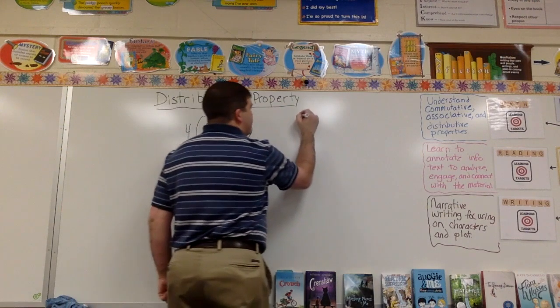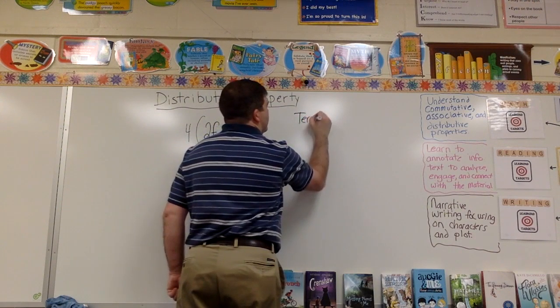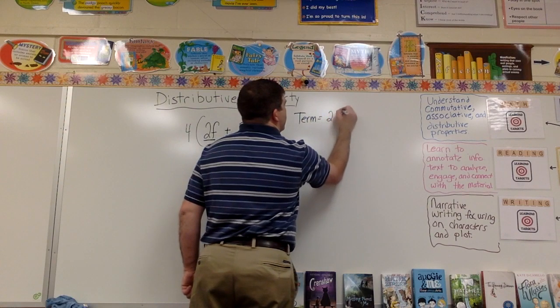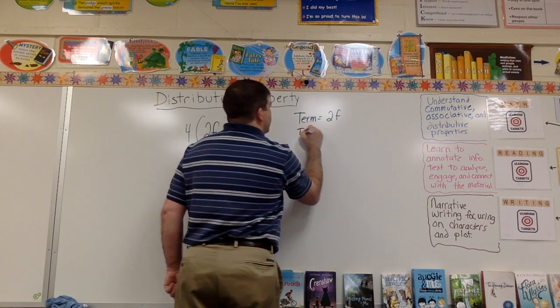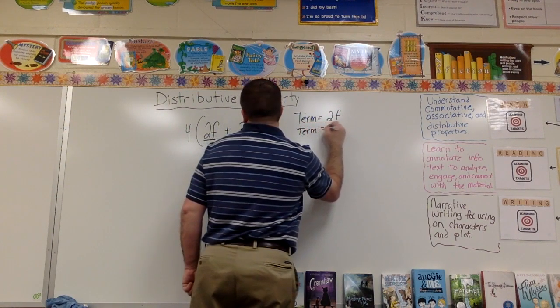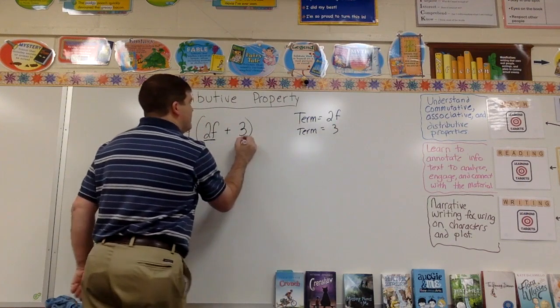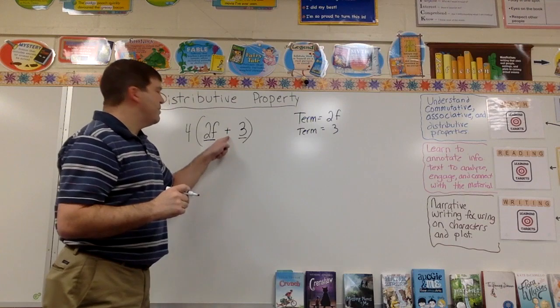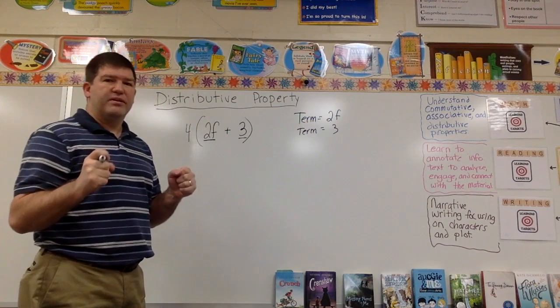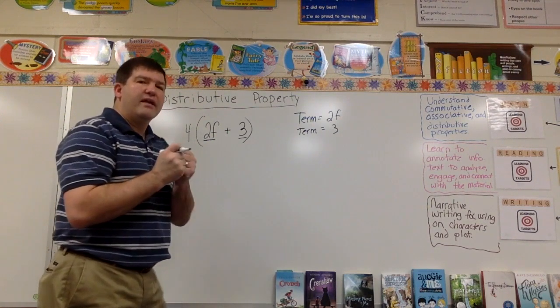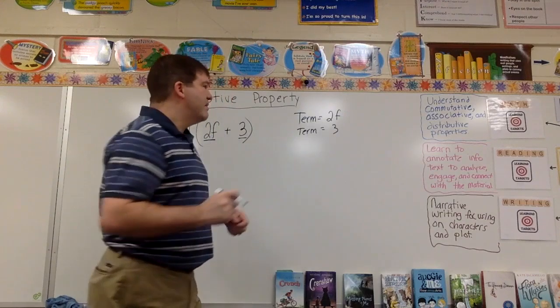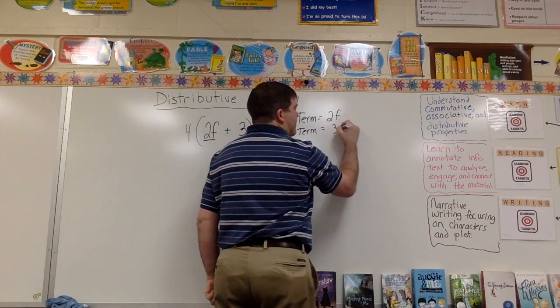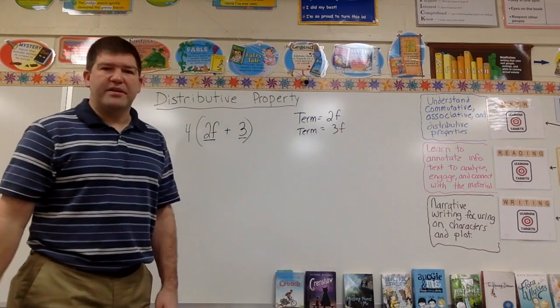The term equals 2f, and the other term equals 3. So I have these two terms, okay? And they're going to be added together, but when I'm adding them, they have to be like. If this would have an f, then they would be like terms.